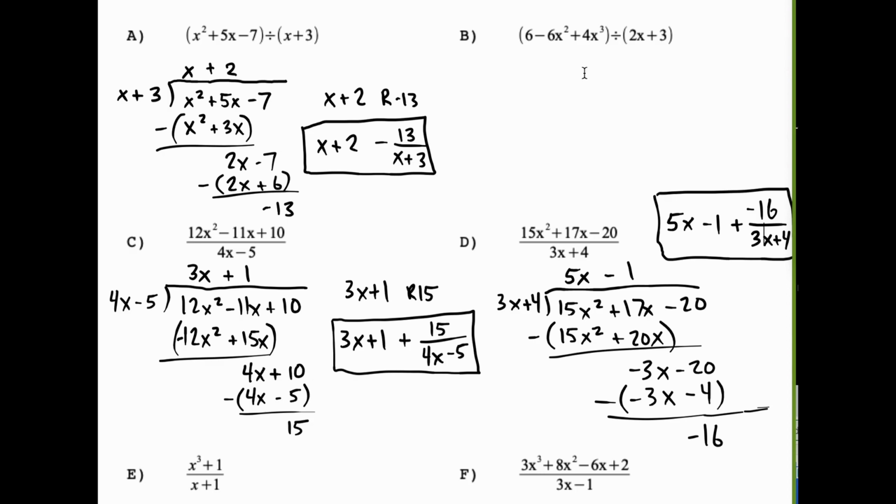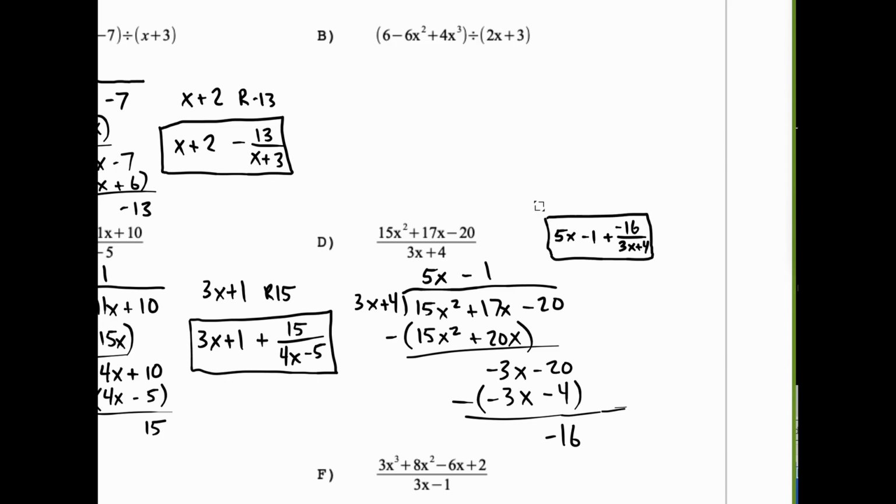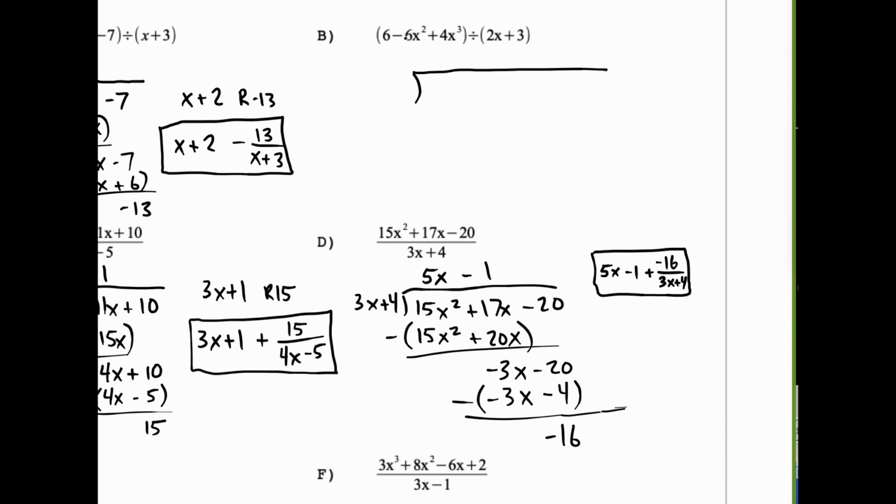Alright, so sometimes you might end up with ones where you have to put an extra term in that isn't appearing in the original. So I'll show you what I mean here with this letter B. So in B, we see that the x term, the single x term, is missing.